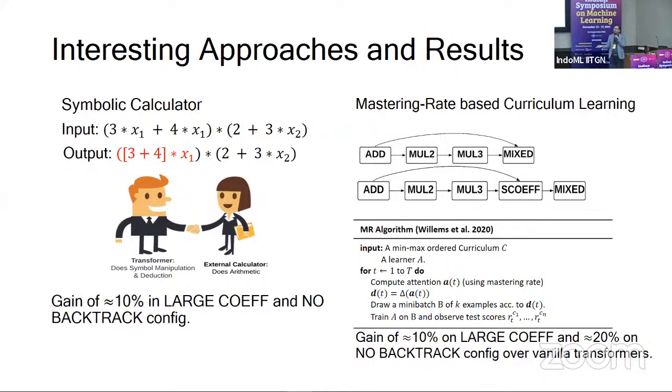We did the coefficient multiplications by transformers, and we offshored the coefficients to a symbolic calculator, right? So we did C1 into 4, C1 into X1, C2 into X2. When it comes to the multiplication or addition, you can simply outsource it to a calculator. This actually improved performance by 10% for very high configurations. And there are similar other techniques that we saw as well. So in fact, this did help, right?